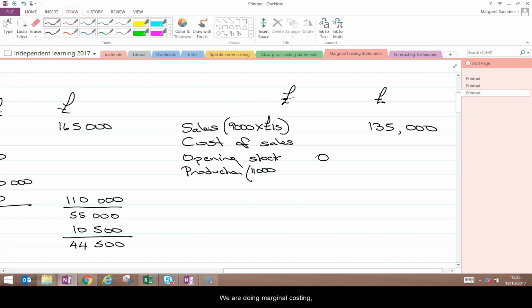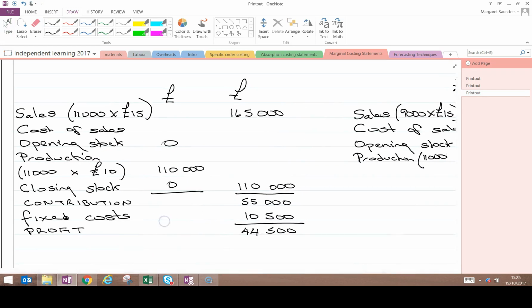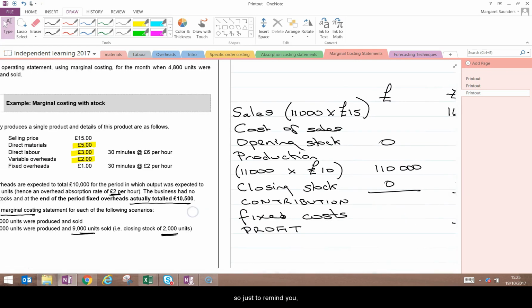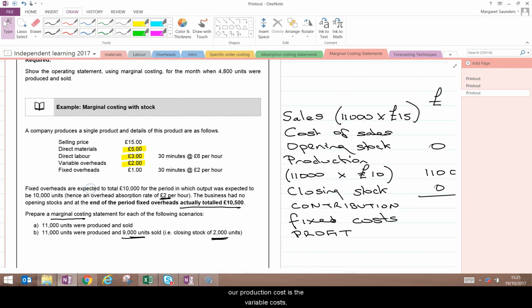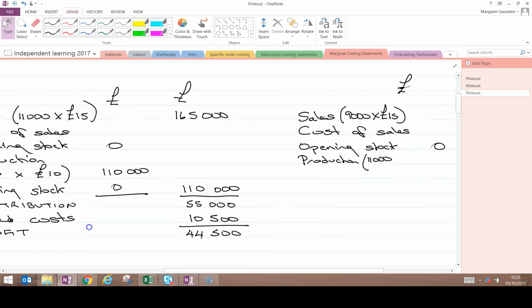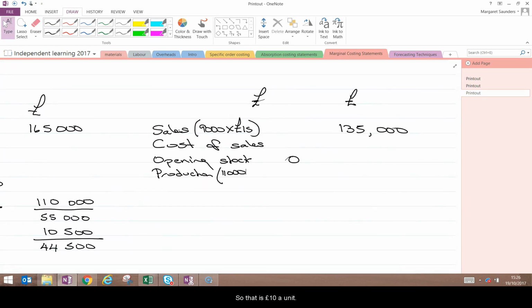We're doing marginal costing, so just to remind you, our production cost is the variable costs, which will be the direct material plus the direct labour plus the variable overheads. £5 plus £3 plus £2, so that is £10 a unit.